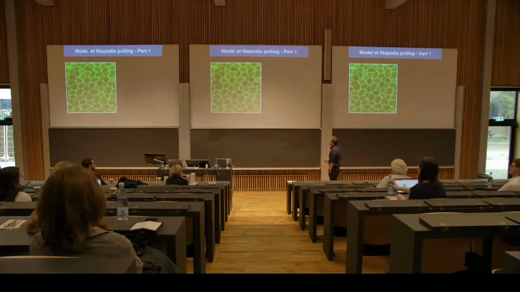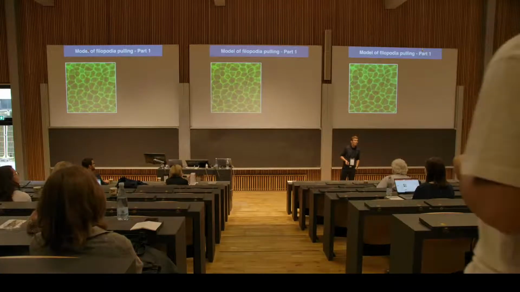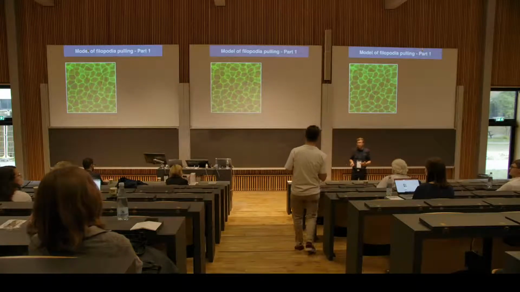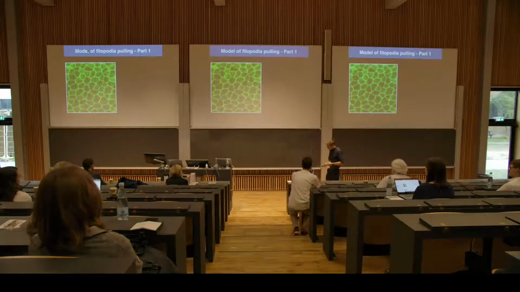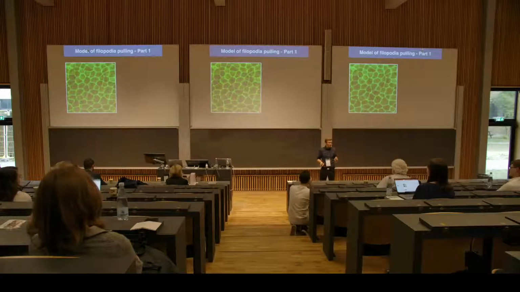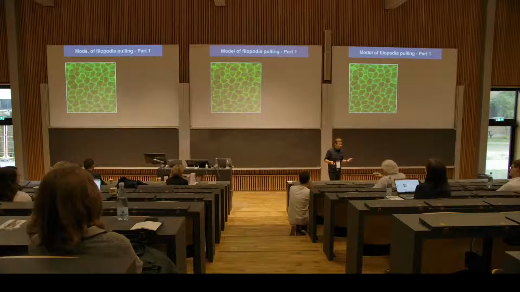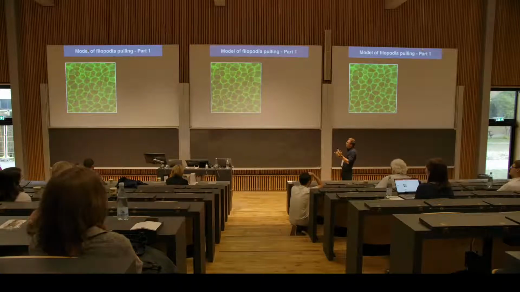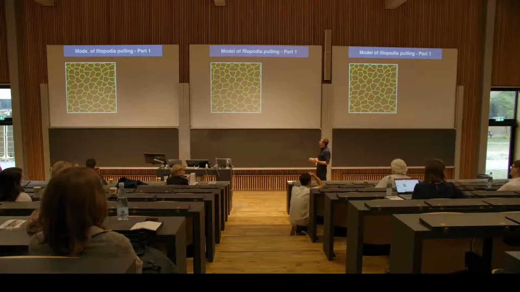As often in our lab, when we don't know how things work, we set up a theoretical model, and this is exactly what we did in that case. Here we wanted to model what the function of the pulling forces is in reading the environment of the tissue. The model consists of 3 steps. In the first step, we describe the mechanics of the tissue using a standard vertex-based model.